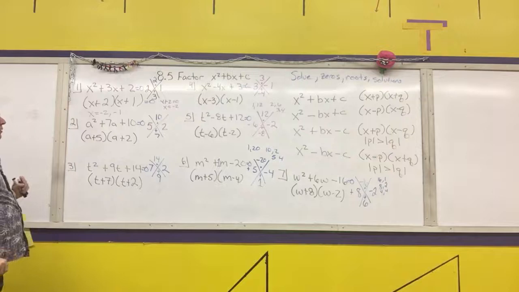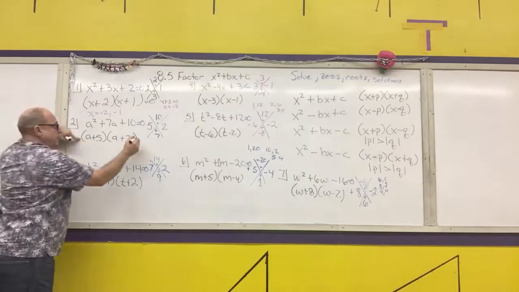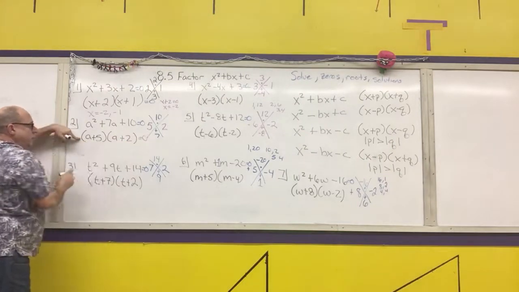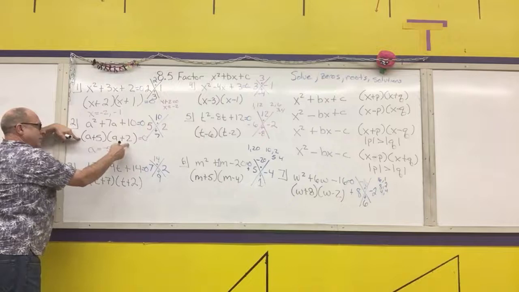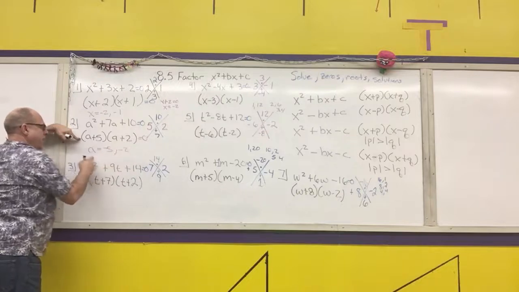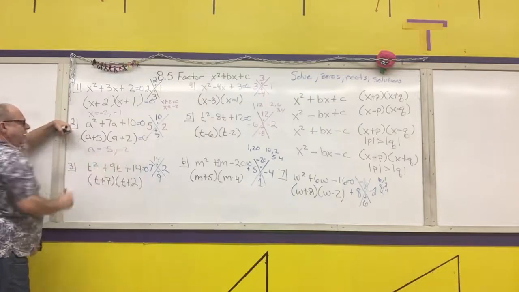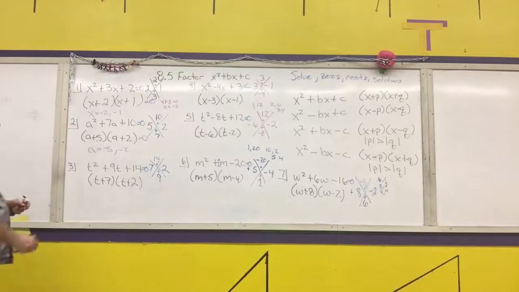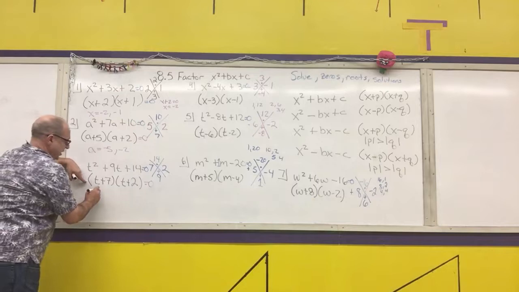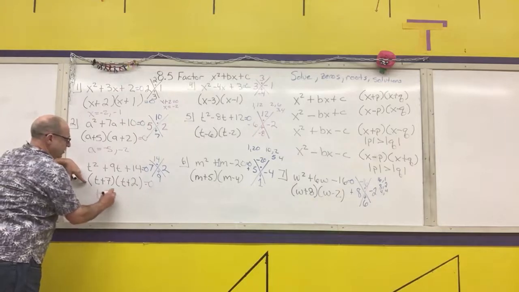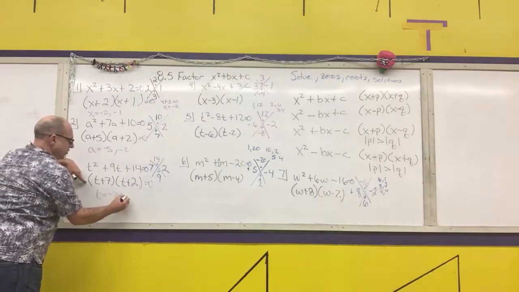Same thing here. These two factors equal 0. So I expect you to immediately be able to write x equals, subtract the 5, subtract the 2. a is equal to negative 5 and negative 2. Again, if these were set equal to 0, I would get t is equal to negative 7, or t is equal to negative 2.